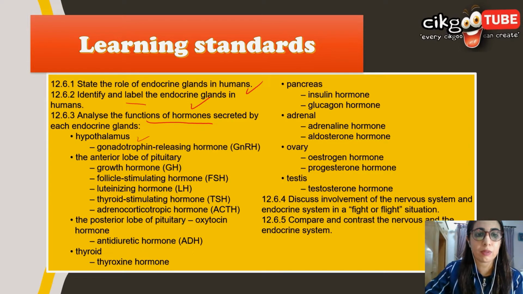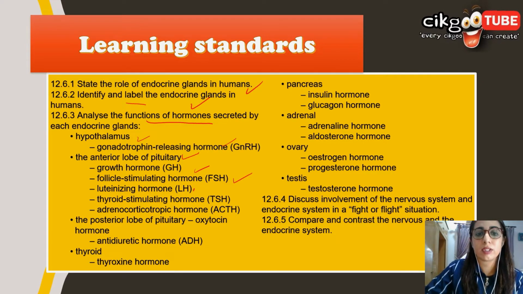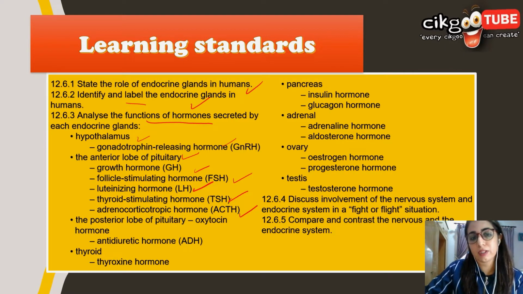We have the hypothalamus, which secretes gonadotrophin releasing hormone. We have the anterior pituitary gland, which secretes growth hormone, follicle stimulating hormone, luteinizing hormone, thyroid stimulating hormone, and adrenocorticotropic hormone, ACTH. Then the posterior lobe of the pituitary gland secretes oxytocin hormone and antidiuretic hormone, and the thyroid secretes thyroxine hormone.